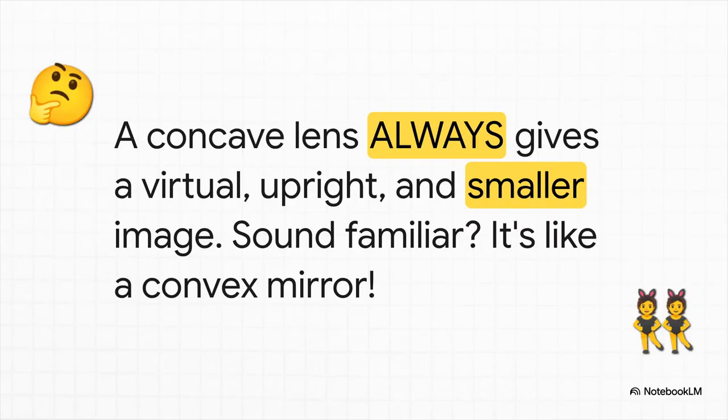Now hang on, does this sound familiar? A concave lens always gives you a virtual, upright, and smaller image. And what's so fascinating here is that its effect is almost identical to a convex mirror. One tool bounces light to spread it out, the other one bends light to do the exact same thing. Two totally different methods, but a very similar result.